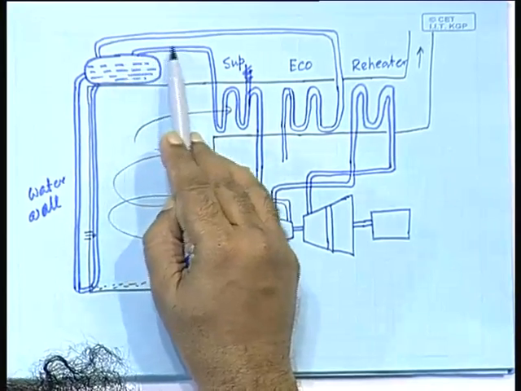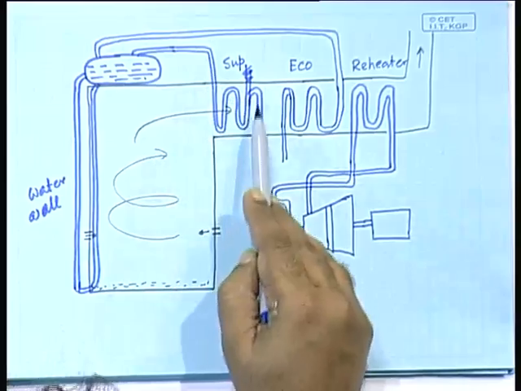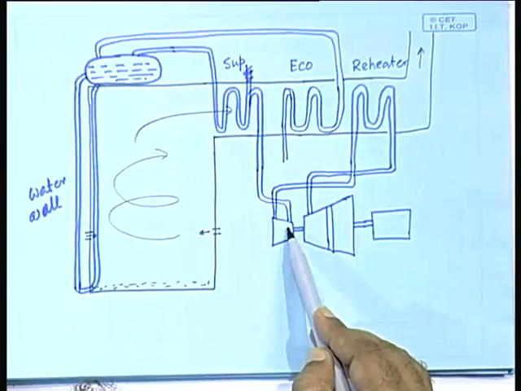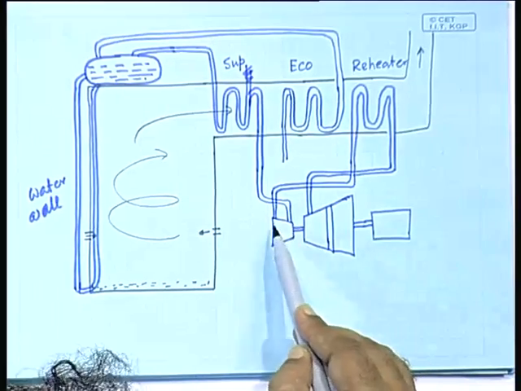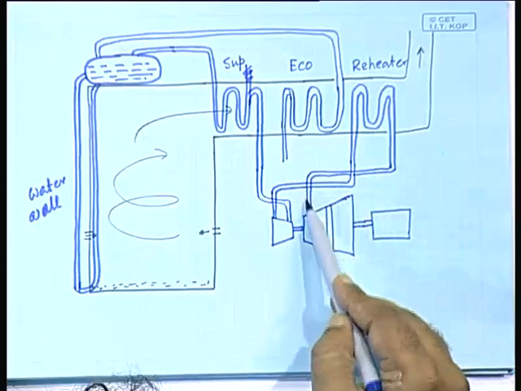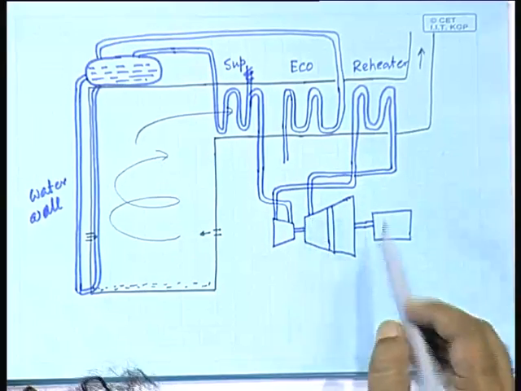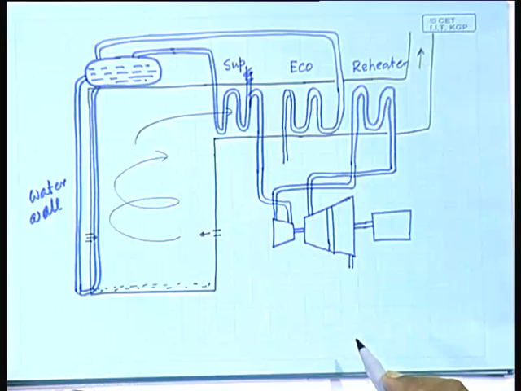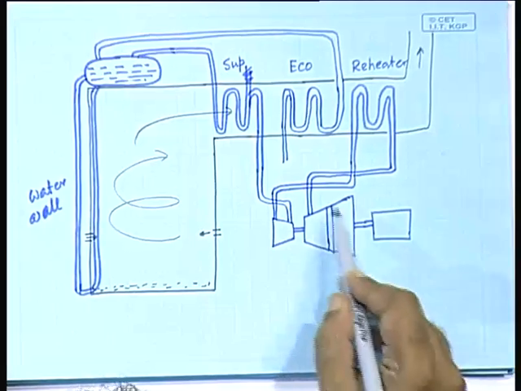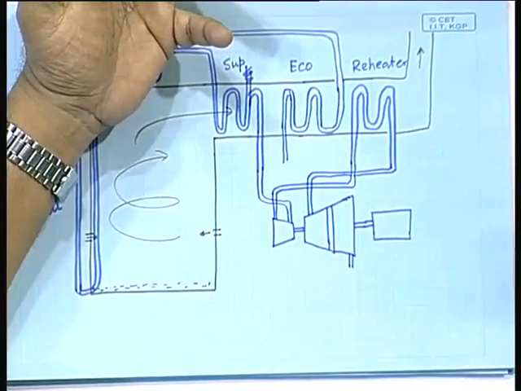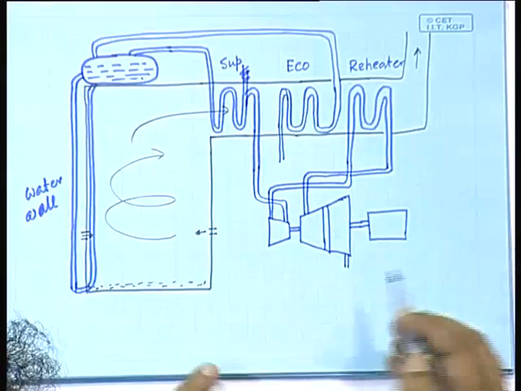That steam goes into the superheater, gets into superheated stage, and that is what goes into the high pressure turbine's input. The high pressure turbine's output goes to the reheater, and that is fed into the intermediate pressure stage, and the output, what happens to the output? The output of the low pressure stage has to go to the condenser.